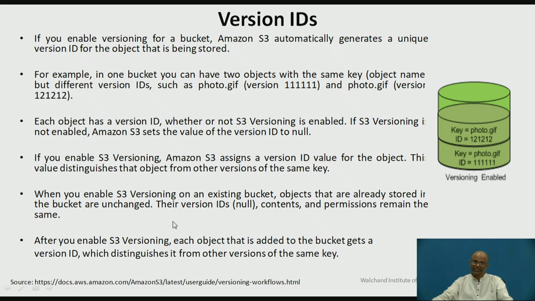When you enable S3 versioning on an existing bucket, objects that are already stored in it remain unchanged. Their version IDs, contents and permissions remain the same. After you enable S3 versioning, each object that is added to the bucket gets a version ID which distinguishes it from other versions of the same key.